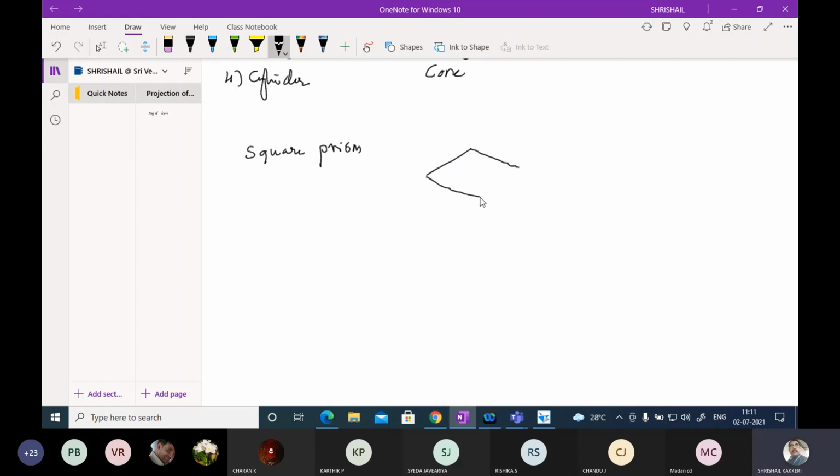The cross section will be square. All these sides will be equal. And the other side is not visible to you, so I am going to show it by a dotted line.